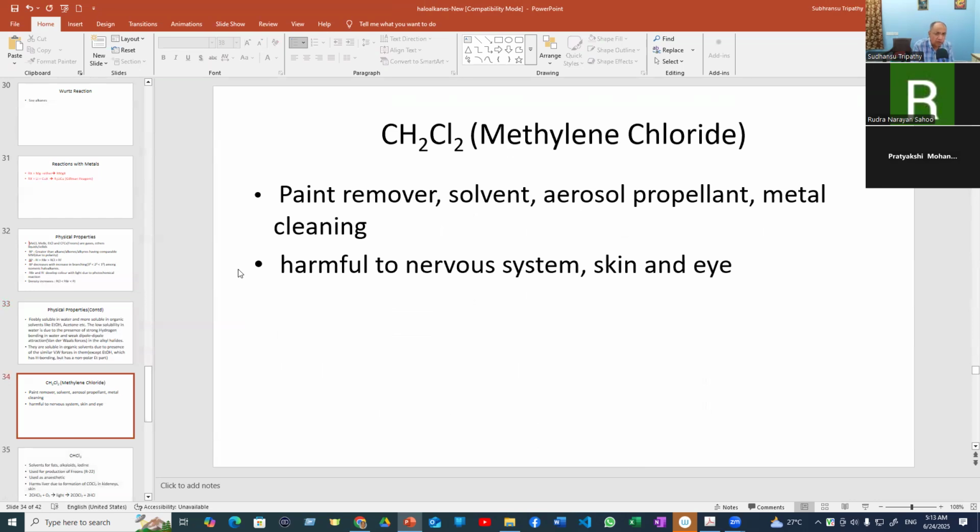Let us talk something about methylene chloride or dichloromethane, which is fondly called methylene chloride. It is used as a paint remover, a very good solvent for organic reactions, aerosol propellant, and metal cleaning. Let me tell you what an aerosol propellant is. If you spray something, even a hanky spray or a perfume spray which you spray on your body, that in fact carries a very small quantity of perfume.